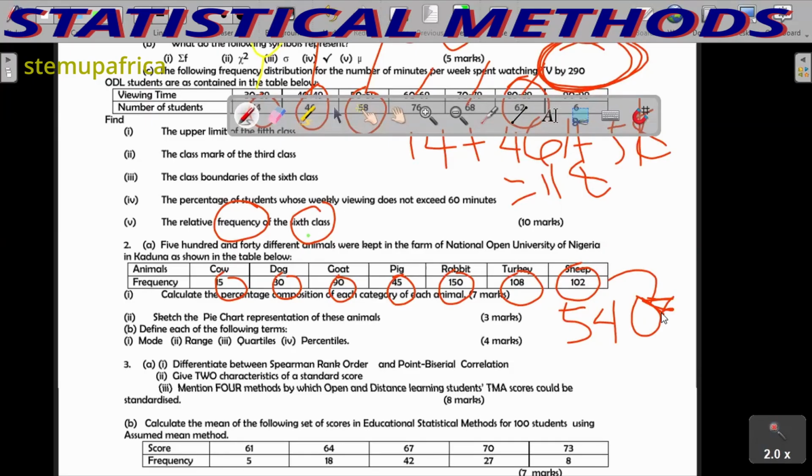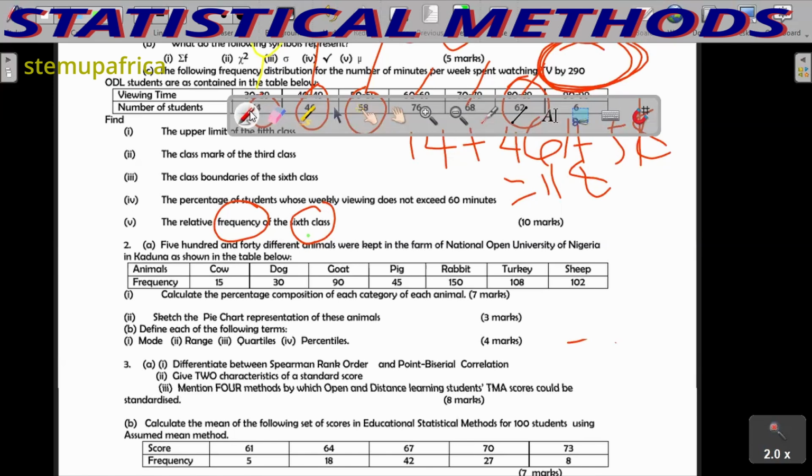So the next question says we should calculate the percentage composition of each category of each animal. Percentage is the animal over the total times 100 over 1.